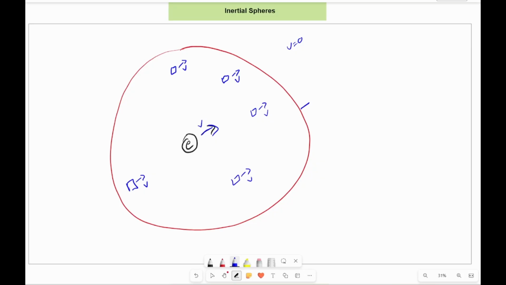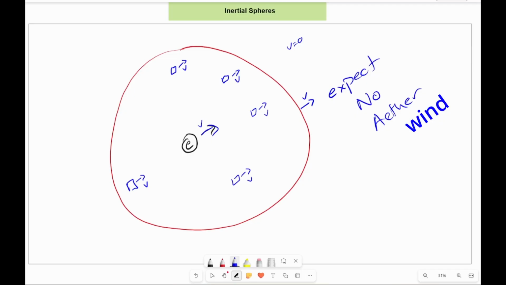So this inertial sphere is going to have the same velocity as Earth. So if all the space-time particles around the Earth are traveling with Earth, we would expect no Aether wind. Okay, great.